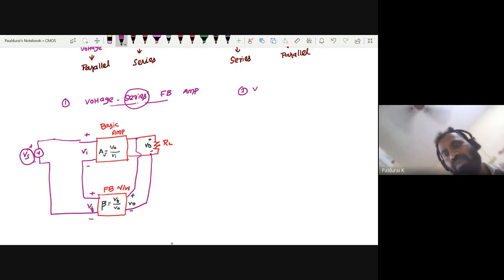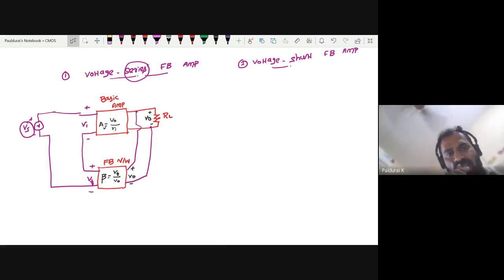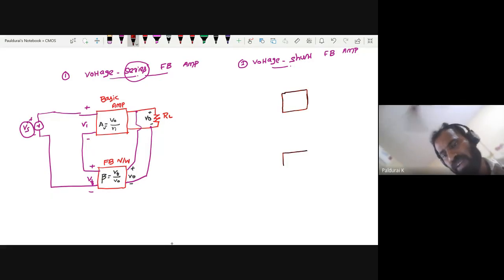The next one is the voltage shunt feedback amplifier. Please sketch by yourself, practice. It will give a lot of insight. That's why I'm sketching all these things. This is my basic amplifier, roughly I'm sketching, and this is my feedback network.